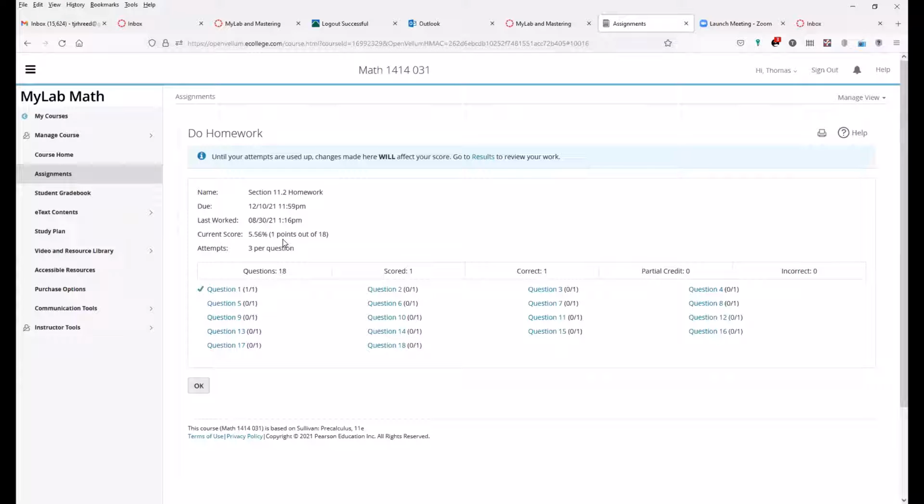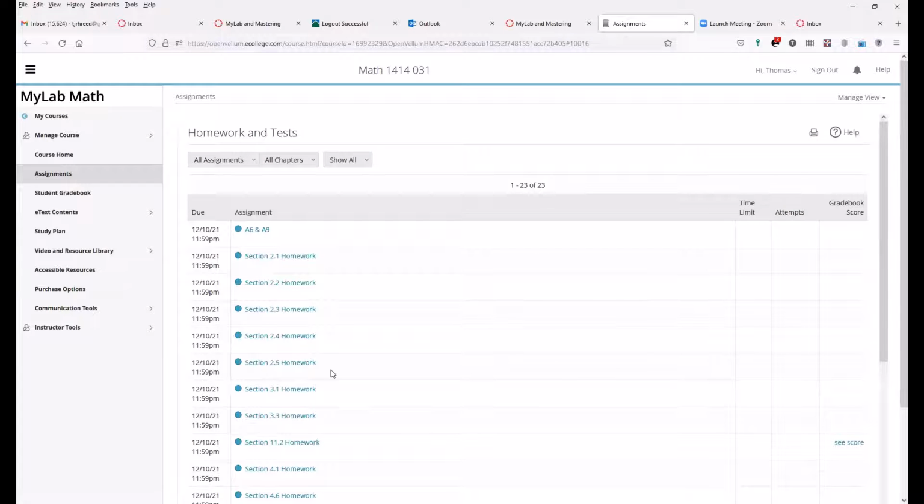And so what I have now is 1 out of 18 points. And then for the grade, they convert that to a 100-point scale. Okay. And so I go back to here. So, oh, let me go back in there.